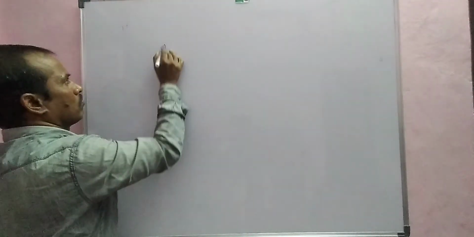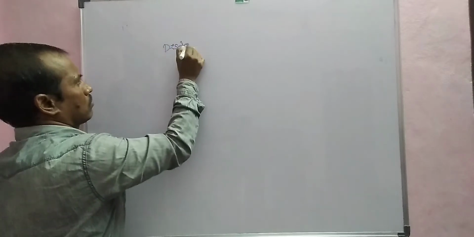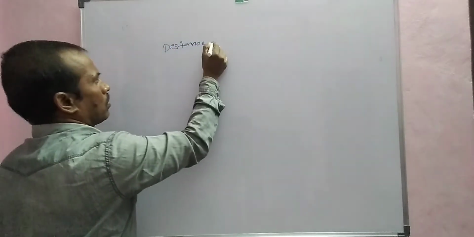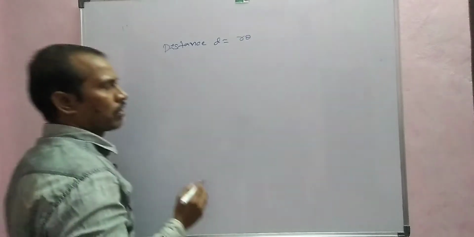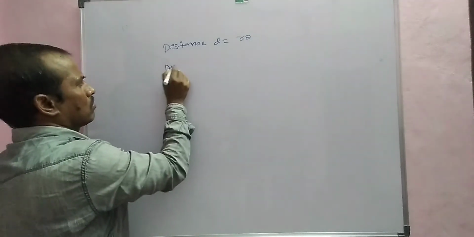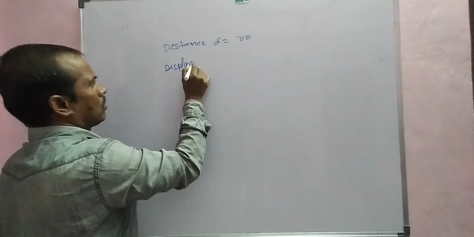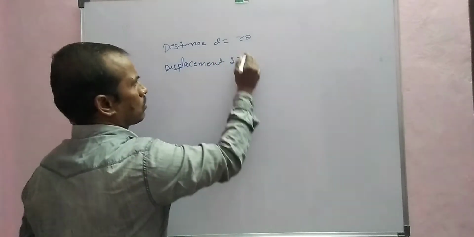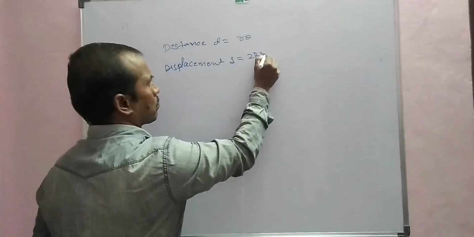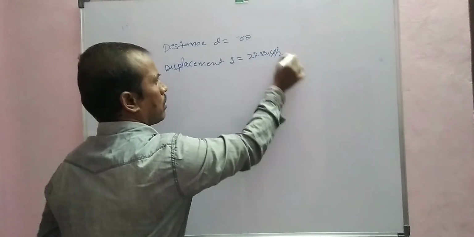Here the distance formula is d is equal to r theta, and the displacement is s is equal to 2r sin theta by 2.